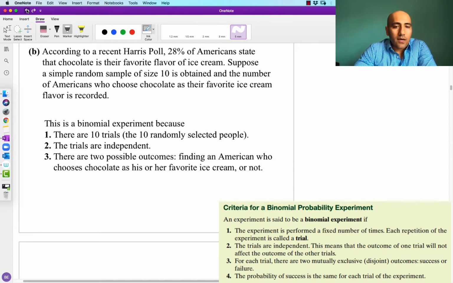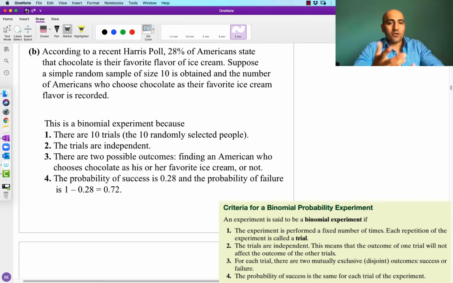Okay, so yes, this is definitely two possible outcomes. Yes, it is their favorite ice cream, or no, it's not their favorite ice cream. And finally, the probability of success. So 28% of Americans state that. So that statement of the 28% of Americans, that refers to everyone, right? All 328 million Americans.